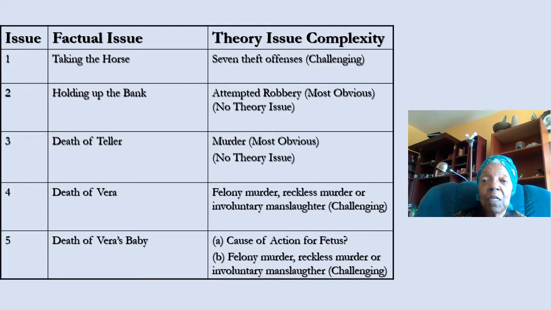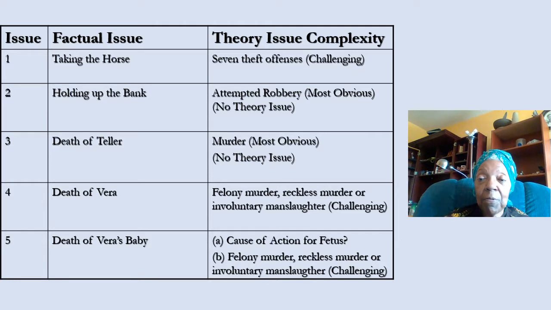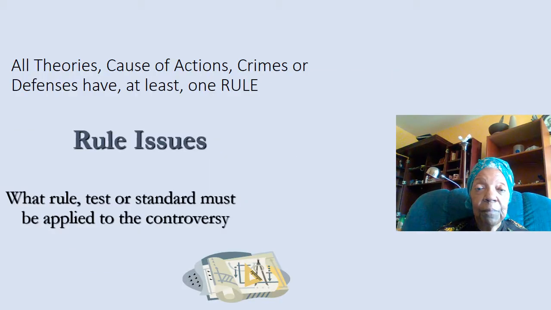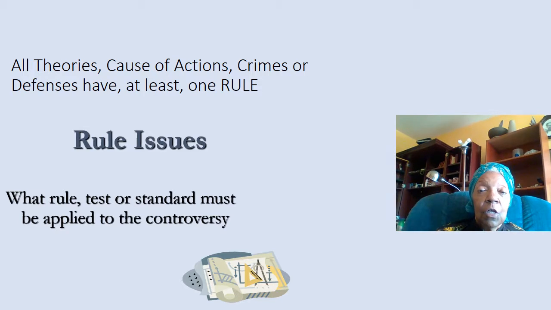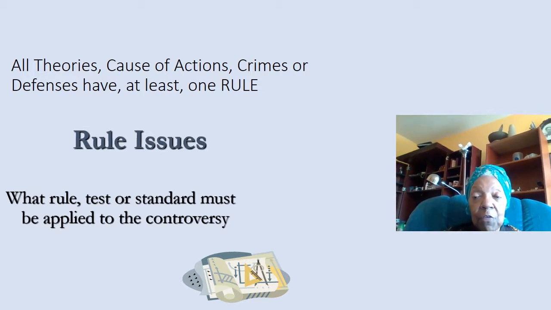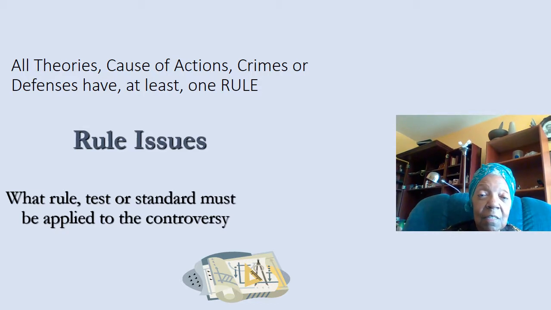What are the theories in property, criminal law, and how do they relate to each other? So once you decide on your theory, all theories, causes of action, crimes, or defenses have at least one rule.